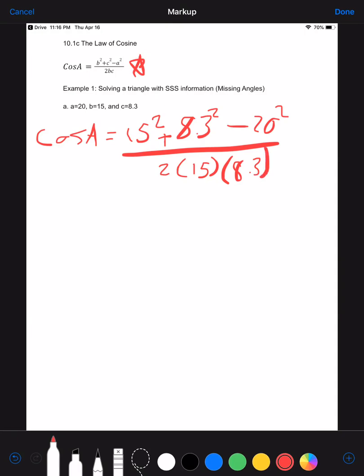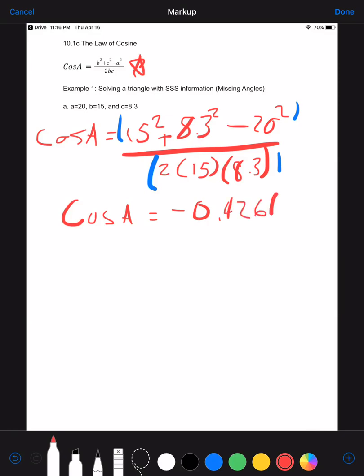We're going to plug this all in our calculator. Make sure you put parentheses around this, though. Parentheses, parentheses, parentheses are your friend. So I'm going to put parentheses around it. So parentheses 15 squared plus 8.3 squared minus 20 squared, close parentheses, divided by parentheses 2 times 15 times 8.3, and then we get cosine A is equal to negative 0.4261.